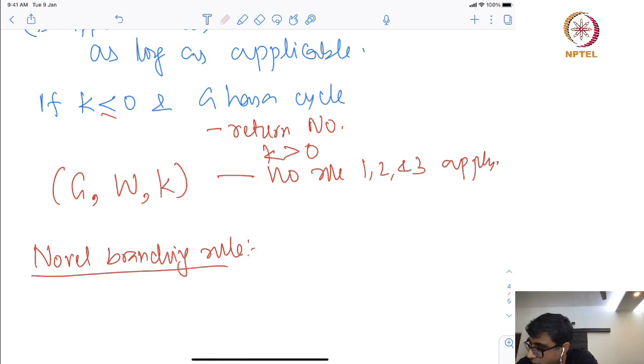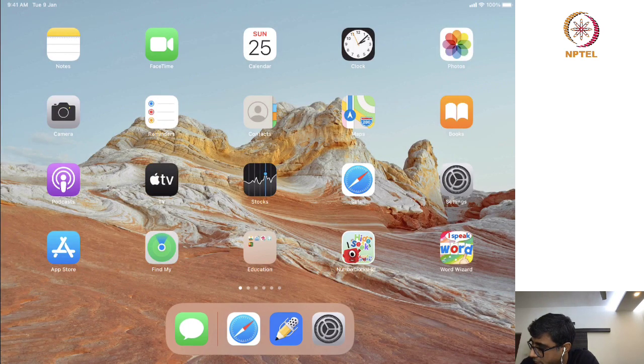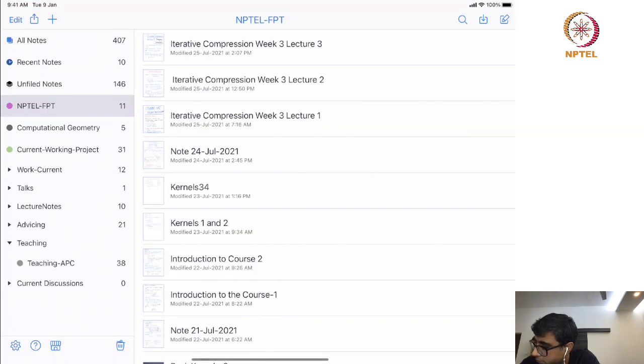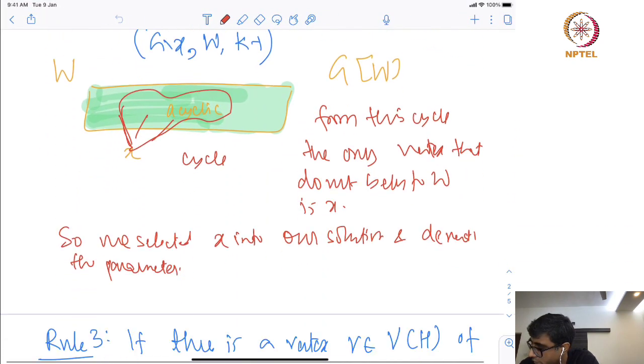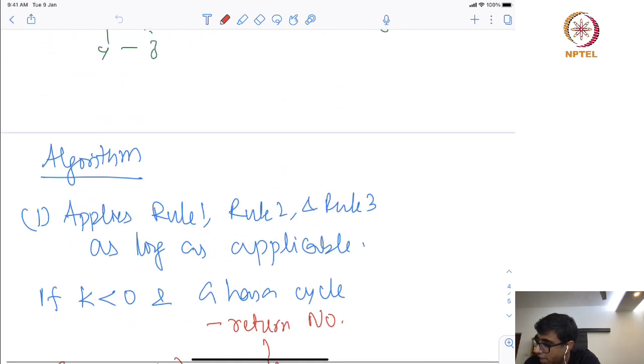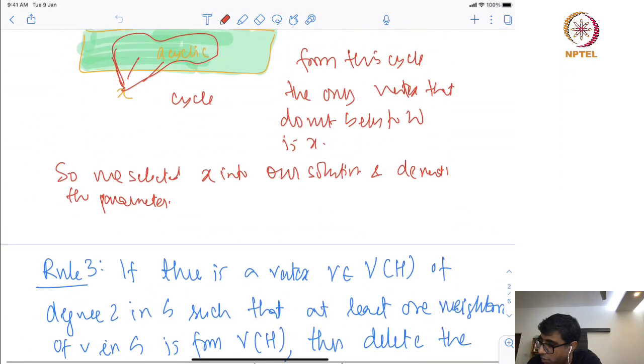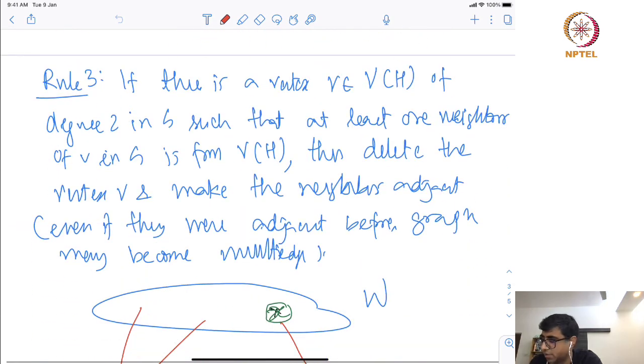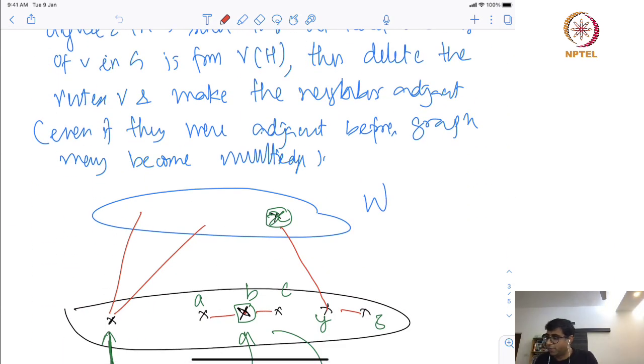Okay. So let us look at our world again. Look, I have not proved the soundness of reduction rules 1, 2 and 3, but they are just obvious, right. For example, why do you need to pick Y?